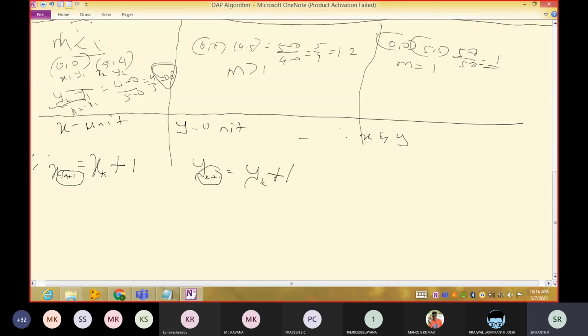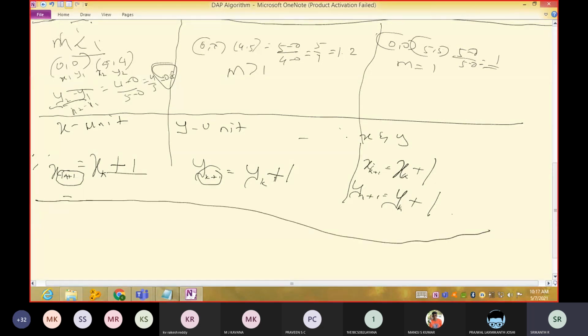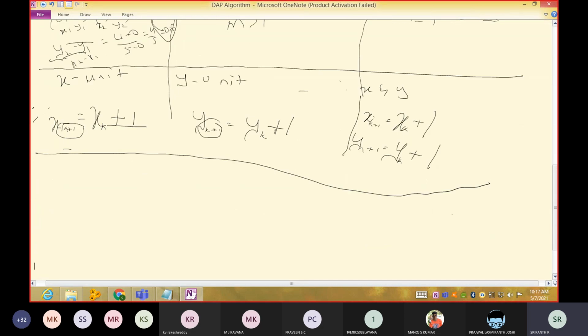So here x of k plus 1 is equal to x of k plus 1. y of k plus 1 is equal to y of k plus 1. So this is clear, I think yesterday we have seen. So next we shall see, we know what is x of k plus 1. So next what we need to find is y of k plus 1.